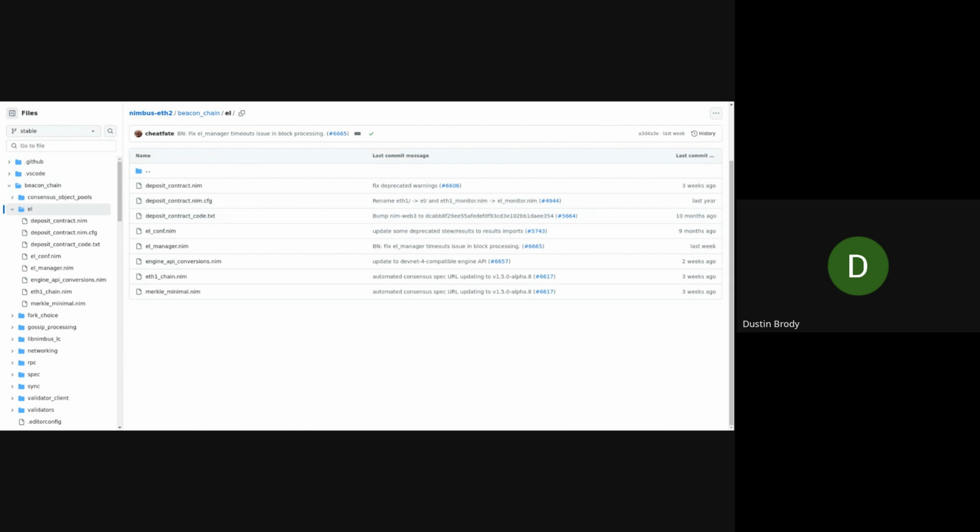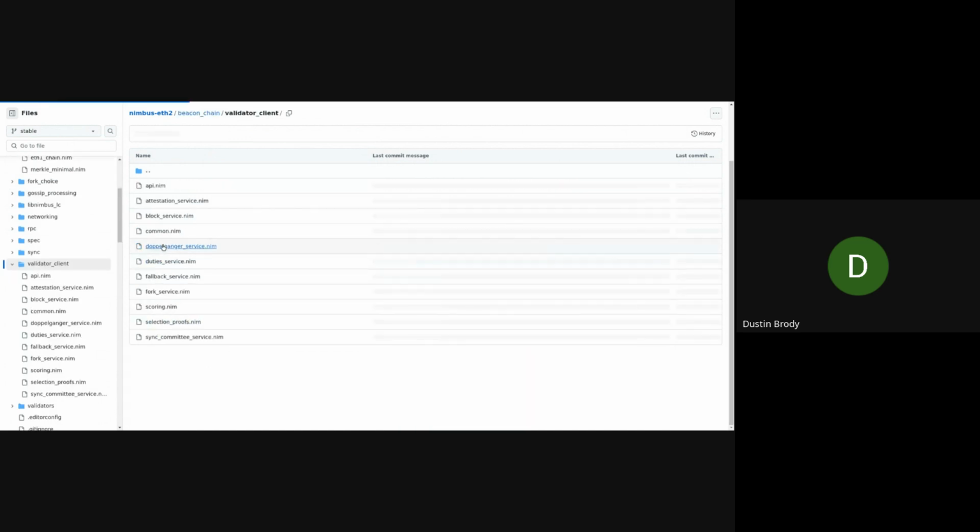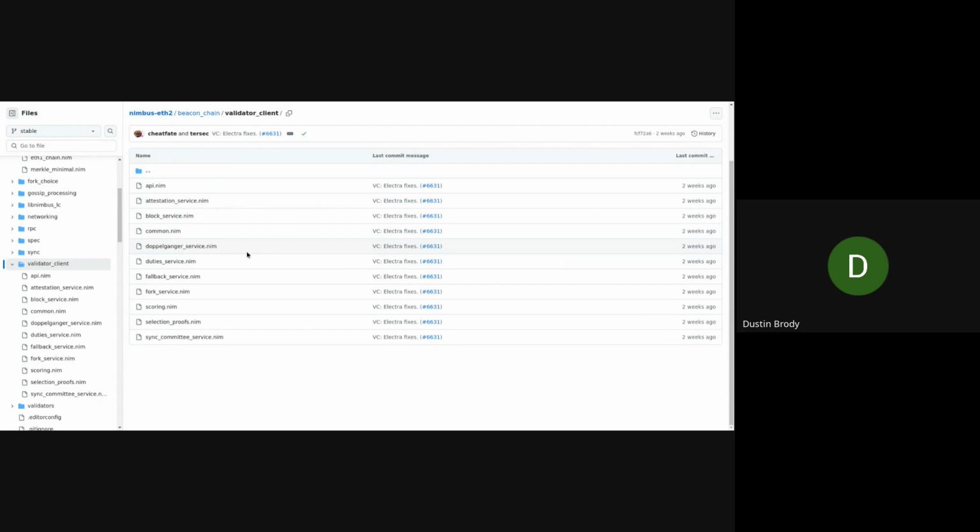So things like the EL or the BN REST API, we typically don't consider those terribly viable attacks precisely because they have to be done as localhost via another entity one controls. If we look at the validator client, that's the other end of the REST API, the client to the REST API server in a way. But again, people typically run both as the same entity, the same person, the same organization.